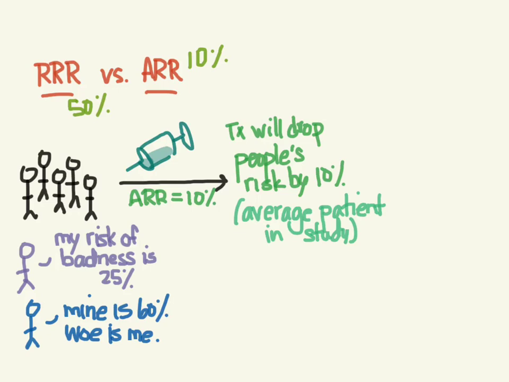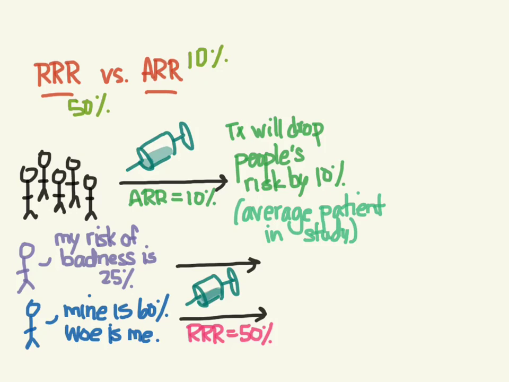Now, if you give both of these patients this same treatment, you're going to decrease their risk by 50%. So the first person is going to go from 25% to 12.5%. And the second person is going to go from 60% to 30%.